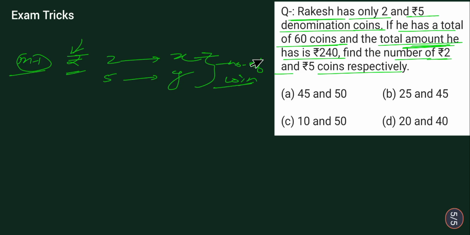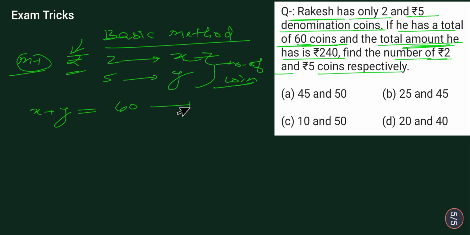So this is the basic or conceptual method. Here the 2 rupees coins and 5 rupees coins, total number of coins is 60. So total number of coins would be x plus y, because 2 rupees coins are x and 5 rupees coins are y, and it is given that it is 60, right?